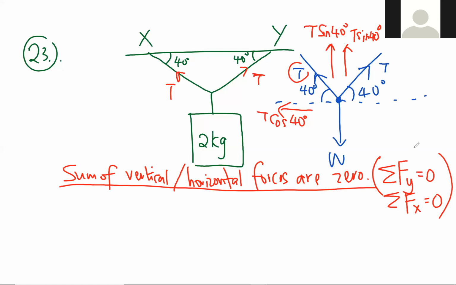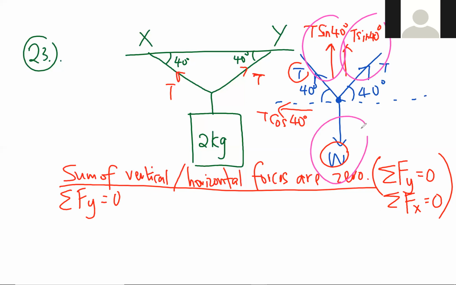Now for this one, since you have weight given here, let's take the vertical forces, because now we want to find T, right? So for vertical forces, I write the sum of Fy equals 0. So what are the vertical forces? You have this one over here, T, T, and W. Other than that, we don't look at them. First thing, pointing up is positive, pointing down is negative.